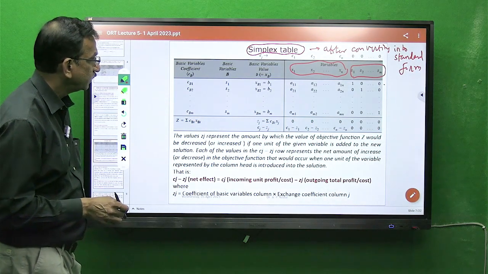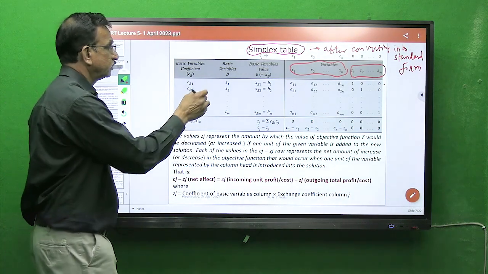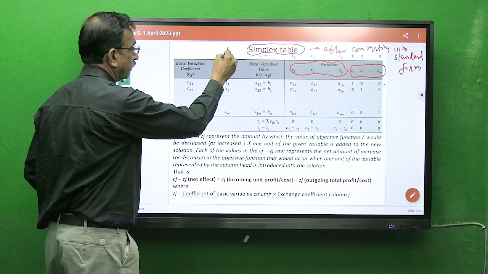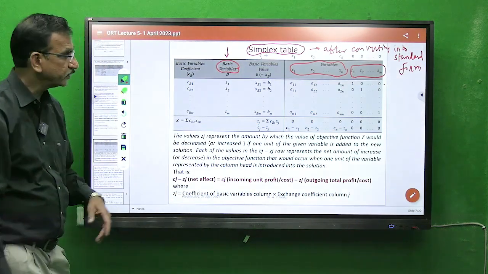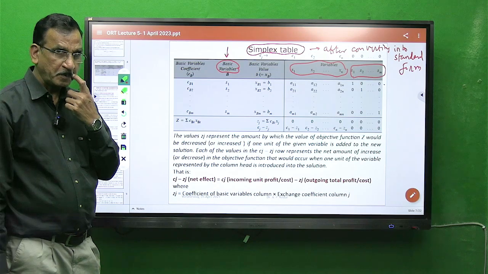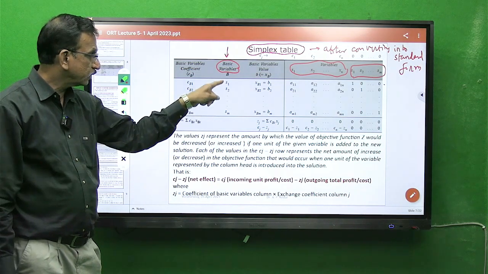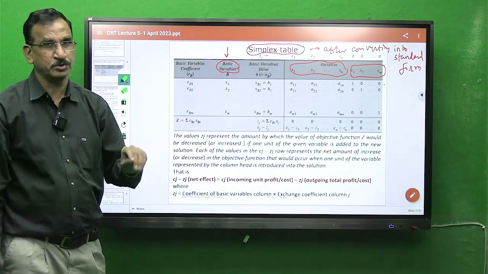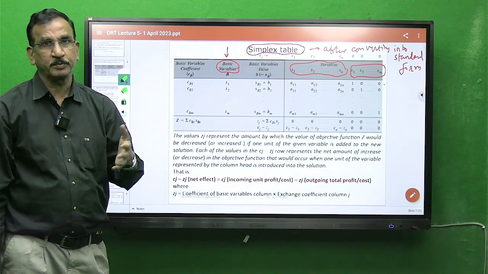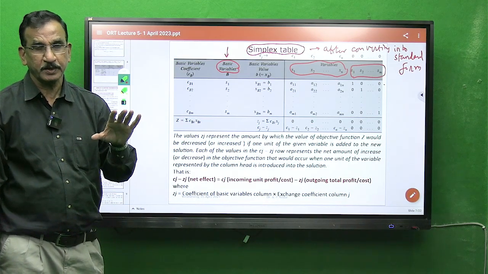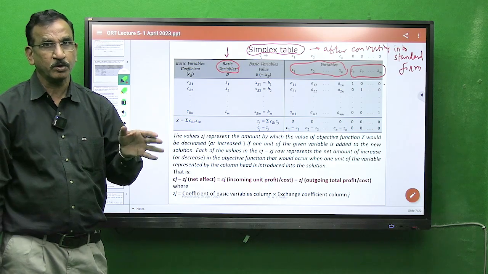Now here you can see this column of basic variables, which is represented by B. So these are the variables in the current solution, the solution which we are trying to optimize. We are finding whether that solution is optimal or not.